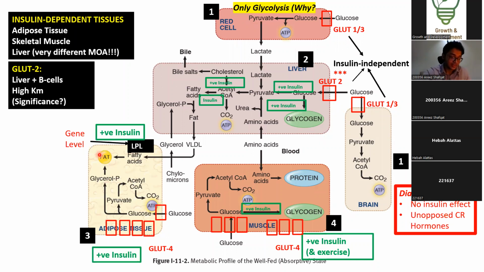Insulin, at the same time, activates GLUT4 expression on the muscle cells. This increases glucose uptake into the muscle cells. Insulin activates glycogen synthase by dephosphorylation to cause glycogenesis, to store that glucose as glycogen. Insulin also activates amino acid uptake into the muscle cells and protein synthesis, so you can build muscle mass.